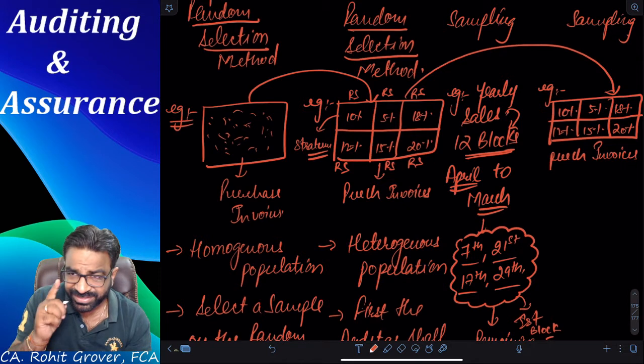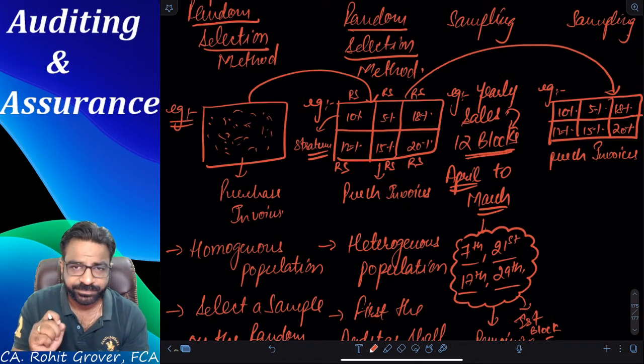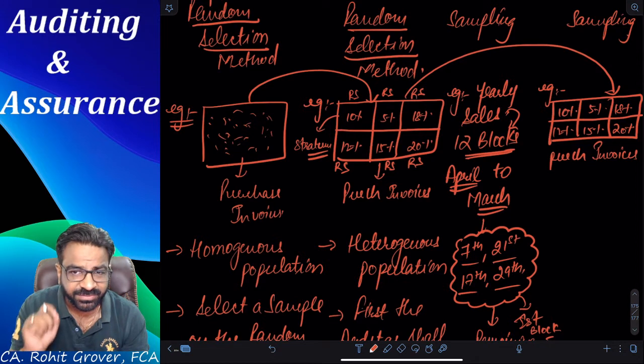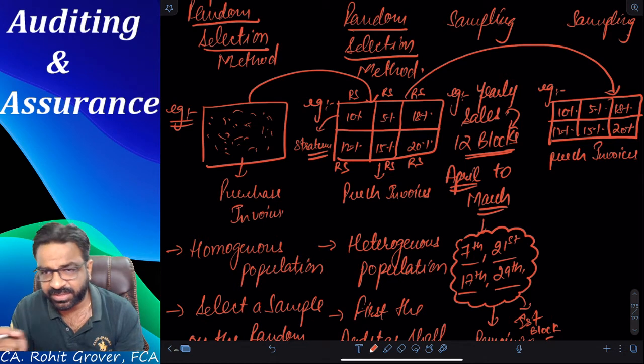Now, listen to this very carefully, everyone. In method number 2, I did the random selection from each and every stratum. Now, first of all, tell me, here also did I follow the stratification or not? Yes, here also I followed the stratification.